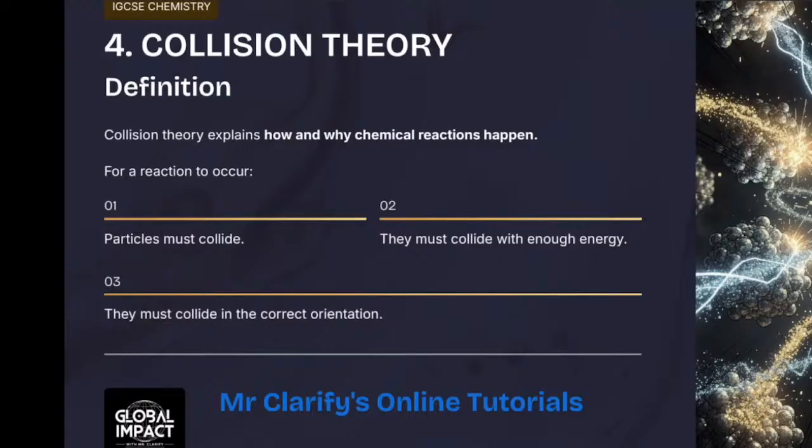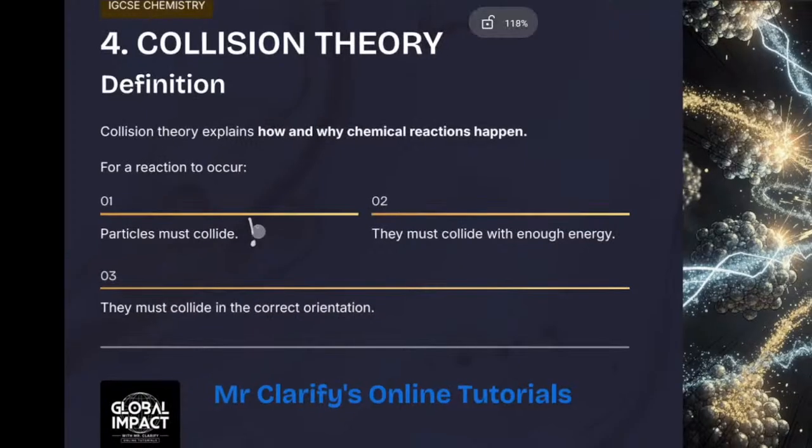It says when you want a reaction to happen between any of your particles, they must collide. So there is no Bluetooth reaction. A reaction will only happen when 2 things come in contact. So the particles must collide. That's number 1. There are 3 things that collision theory says.